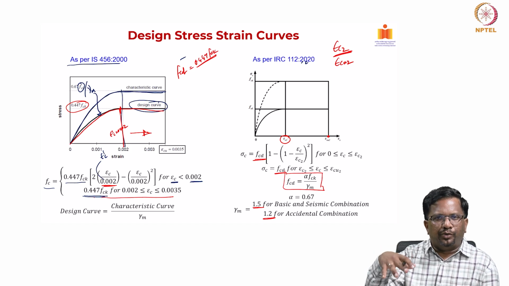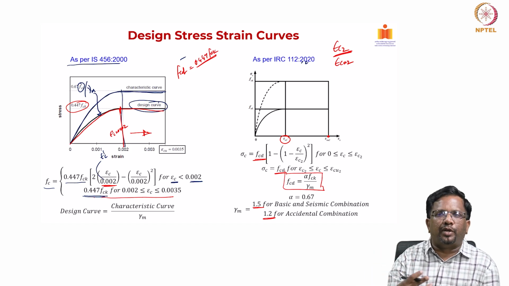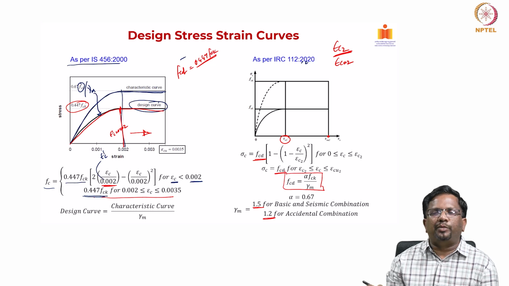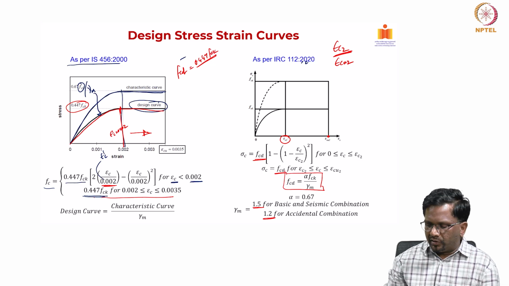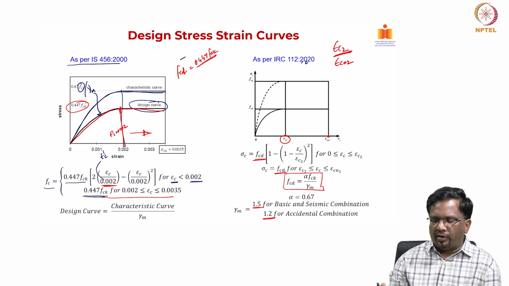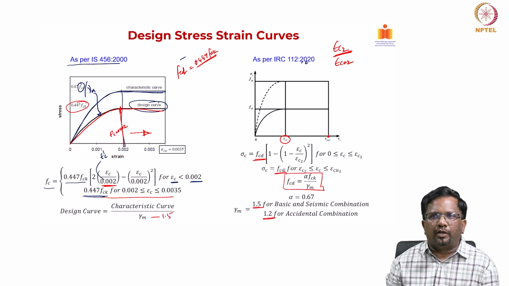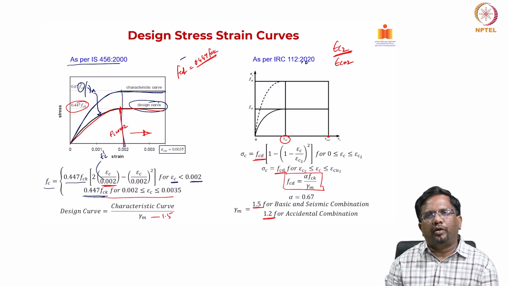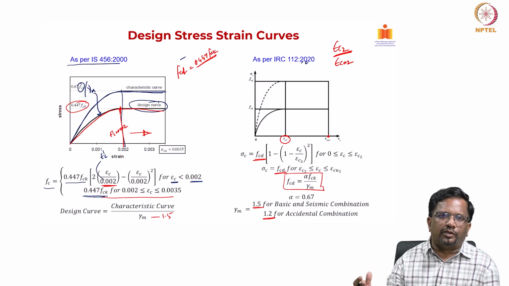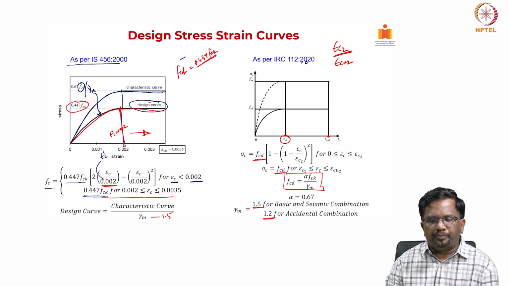So, when you do analysis for such temporary loading, you can reduce the material safety factor to 1.2, which the IRC code allows. However, IS 456 or IS 1343 does not take this into account; gamma m is always taken as 1.5. But here gamma m can be two different values depending upon what kind of analysis you are doing for what kind of loading, right?